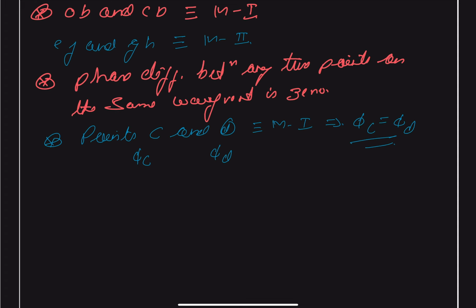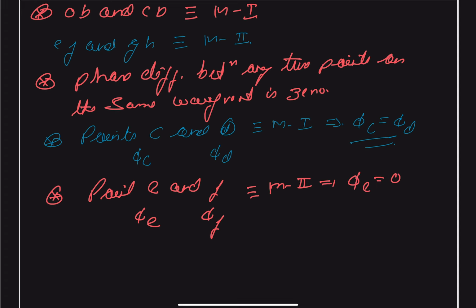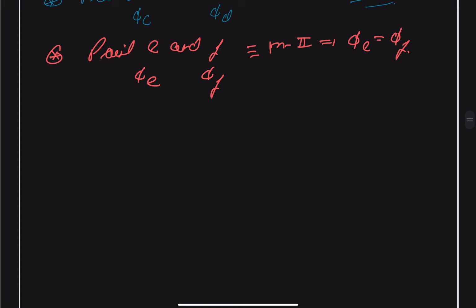Similar is true for the other wavefront. We have points E and F, with phi of E and phi of F, in medium 2. So phi of E is equal to phi of F. And in the question it is given that phi of C is not equal to phi of F.